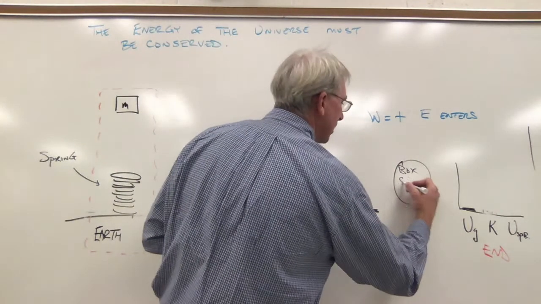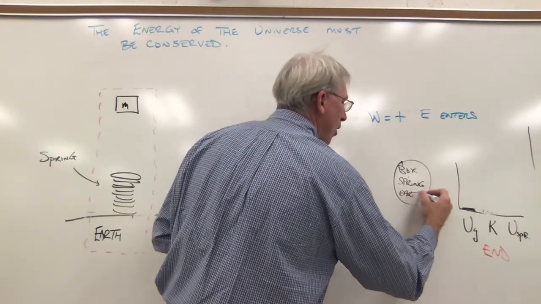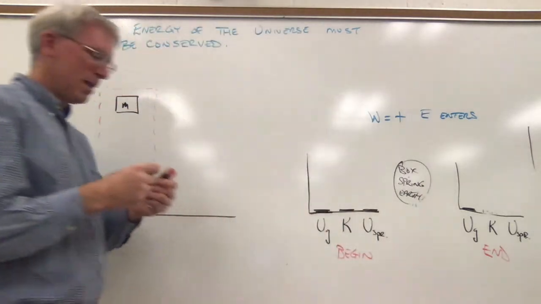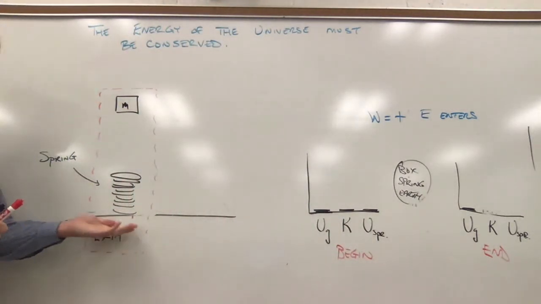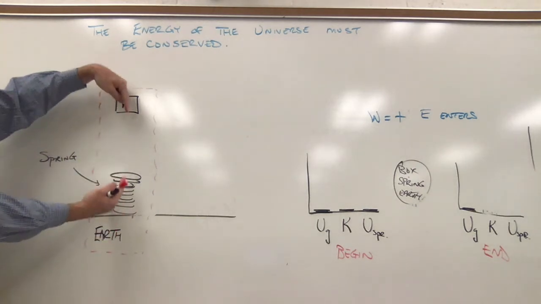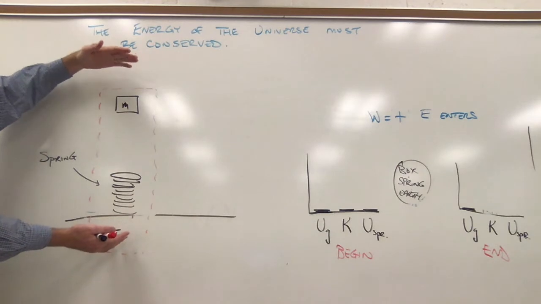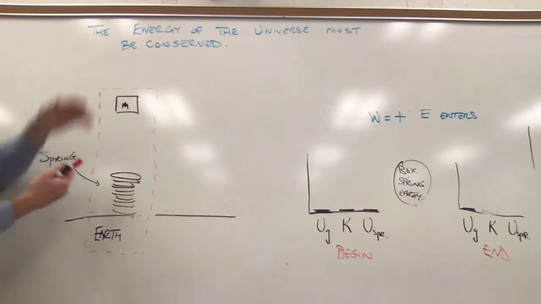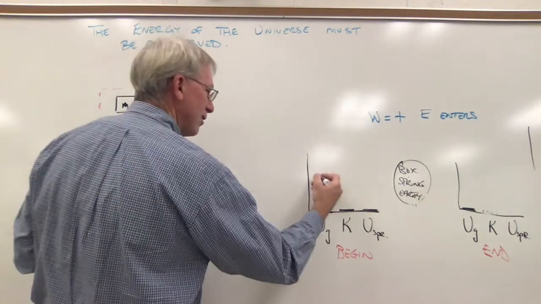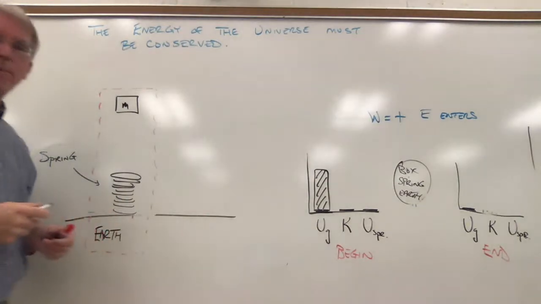So box, spring, and Earth are all members of my system. So to begin with, the Earth is pulling on the mass inside the system. So somehow there's been energy stored here where the mass and the Earth are separated. So I have a potential energy. So I'm going to show that potential energy.